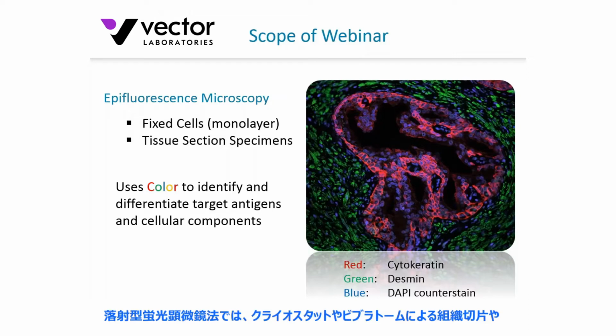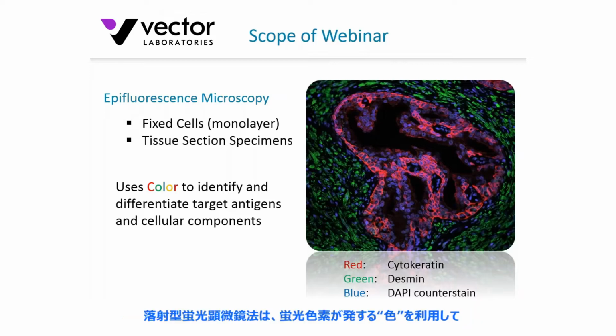And in particular, for epifluorescence, we're looking at, say, tissue sections that have been cut on a cryostat or a vibratome, for example, and mounted onto a glass slide, or cells that have been grown on a cover slip or a slide as a monolayer, fixed and therefore stained.